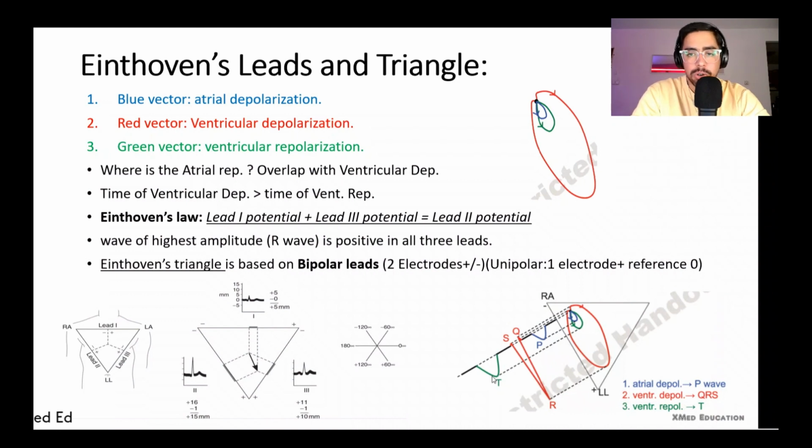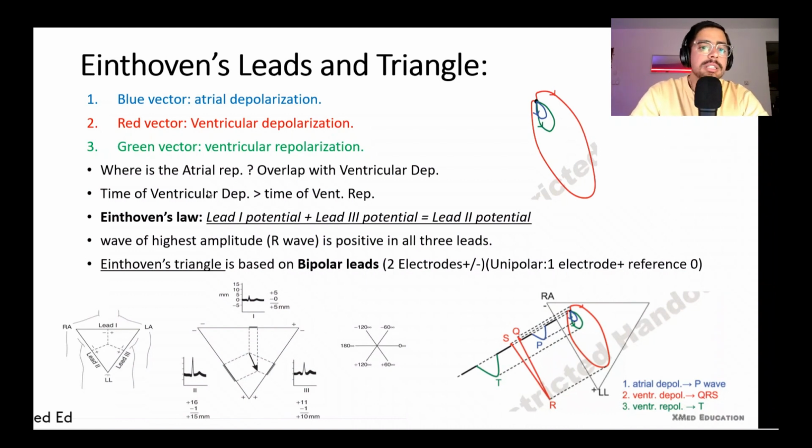We have one for lead 2, one for lead 1, and one for lead 3, and they just show different perspectives of the same things happening in 1 second. So now we know them.